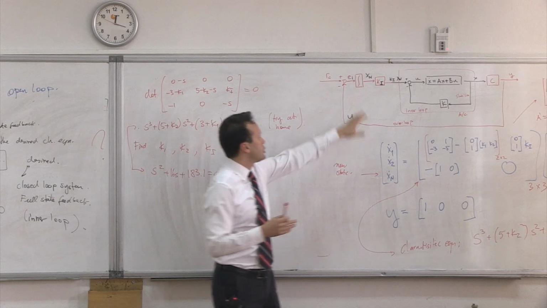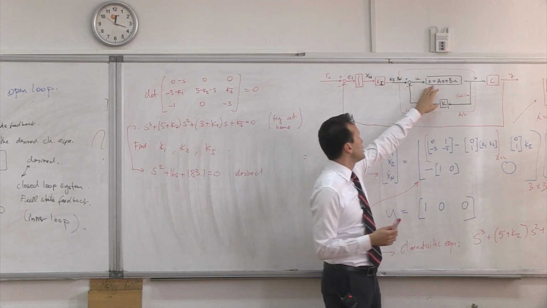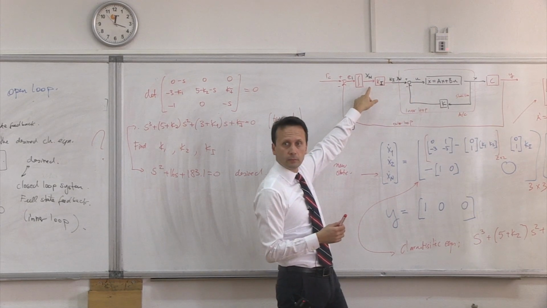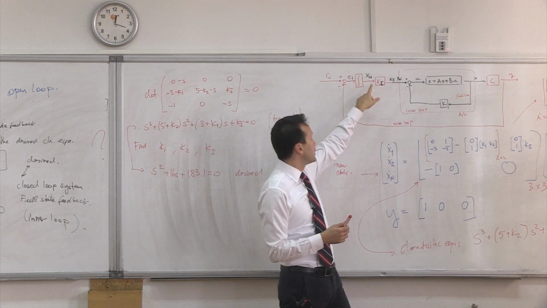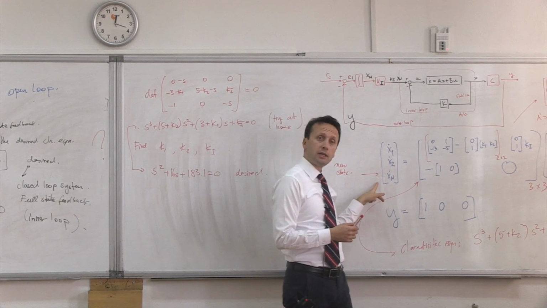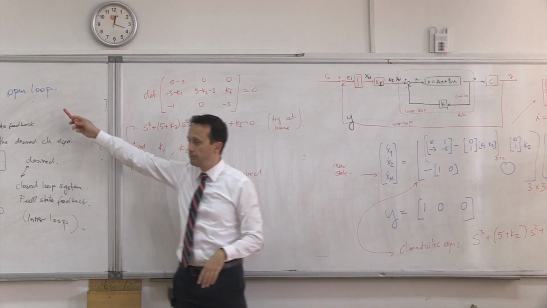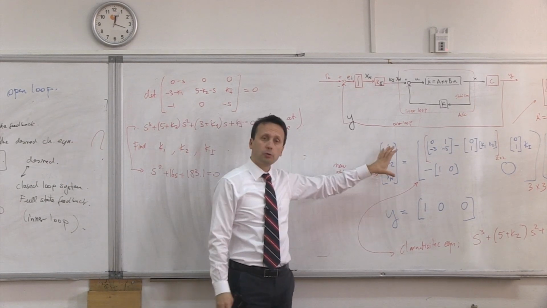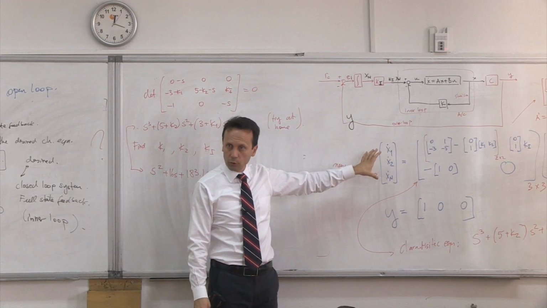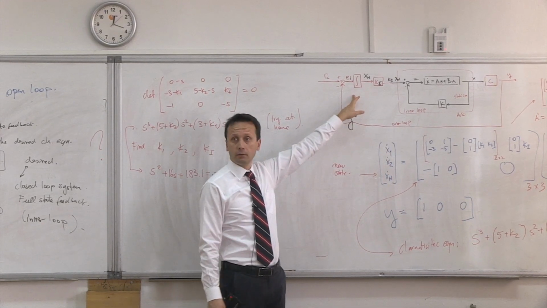It is artificially introduced. We introduced it. It's not part of the system. This is something that we have introduced. Right? And because we have this integral, we have an extra state. We made the second order problem, we turned it into a third order problem. And the reason is because we have this integral now.